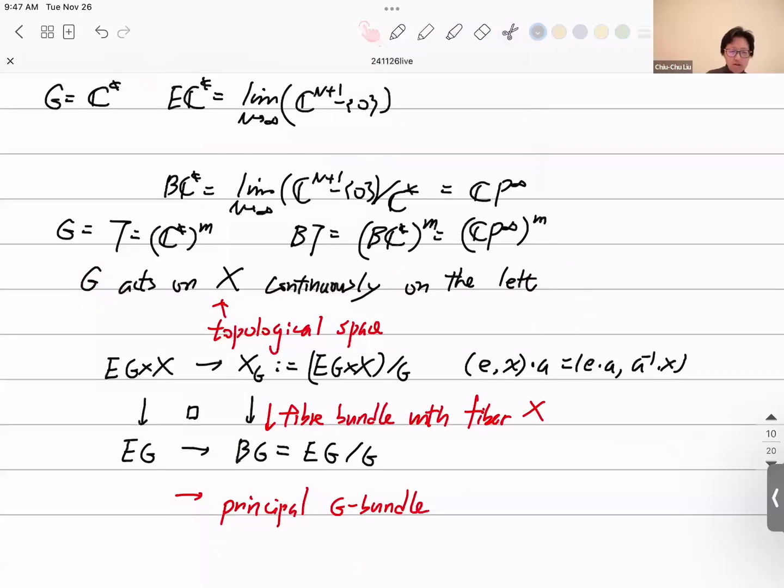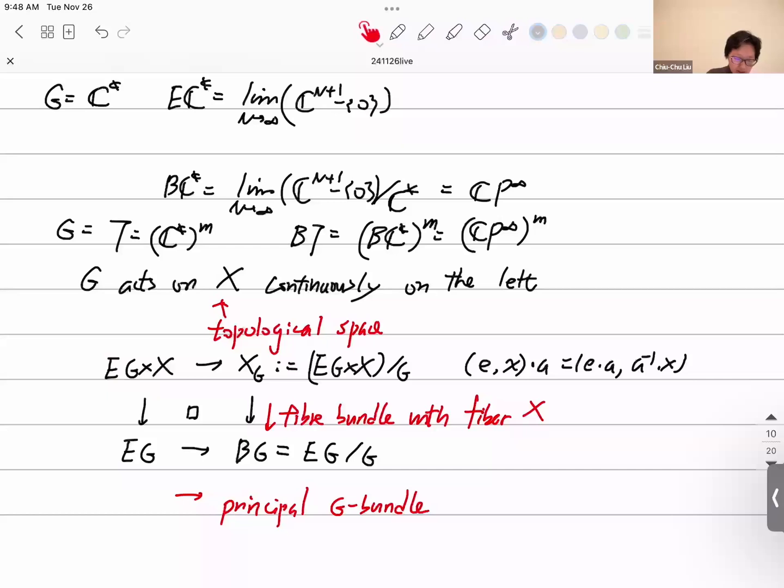So here, let's be general. G is some Lie group and X is a topological space, and we have a continuous action of G on X on the left. Here we have EG cross X over EG. This is a trivial fiber bundle with fiber X over EG.